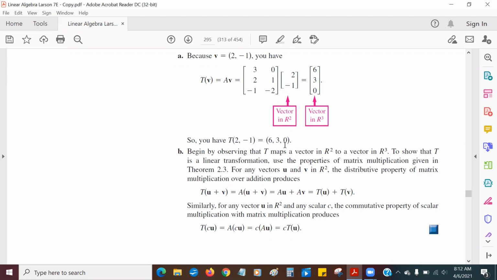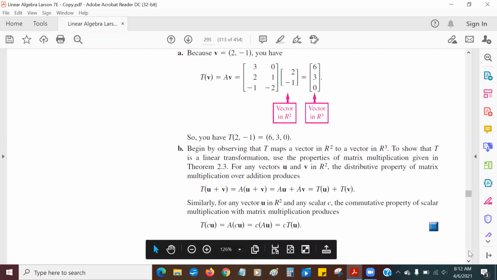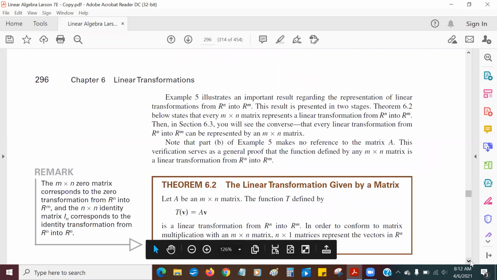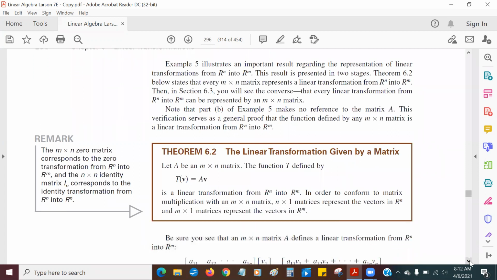So if A is a 3 by 2 matrix, then AV is going to be a linear transformation from Rn to Rm. And in fact, this is what we're saying right here.